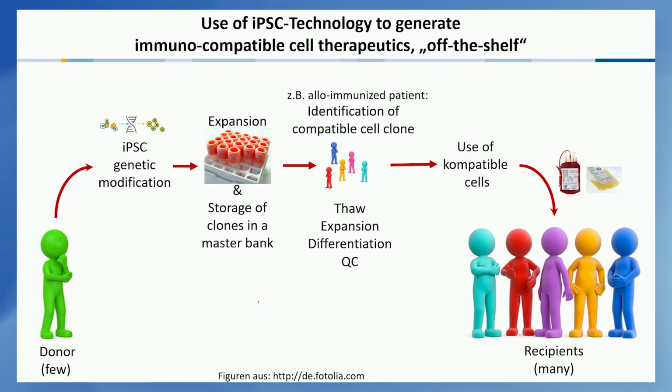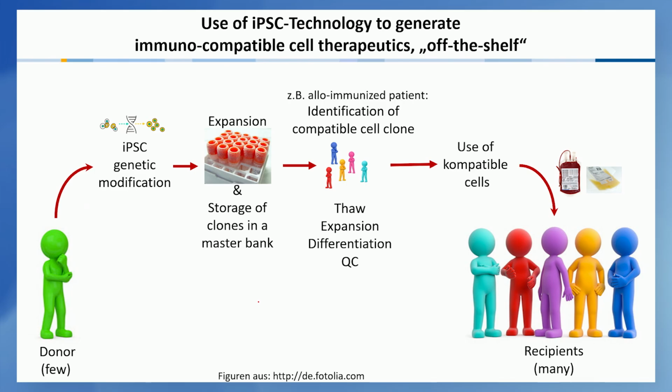Using that technology, you could also think of generating off-the-shelf cell products. So you would take a few donors which are genetically well-defined and would fit to many, many persons or patients in a certain population, reprogram that back to iPSCs, induced pluripotent stem cells, do genetic modification, expand them and freeze them in a storage bank as a master bank.